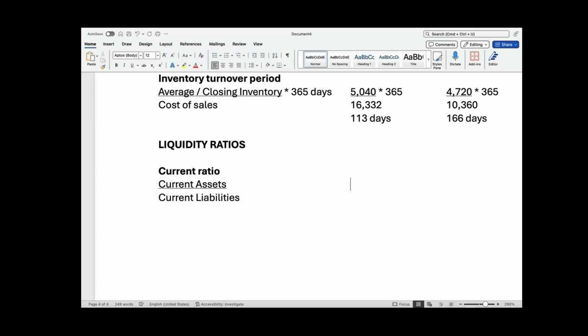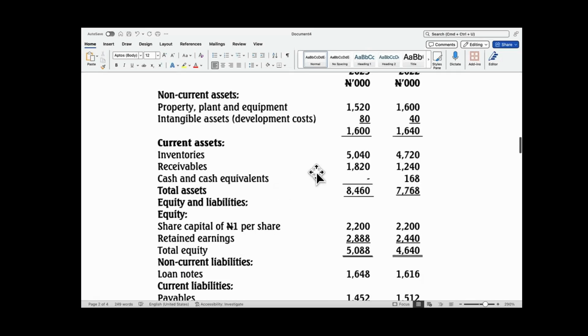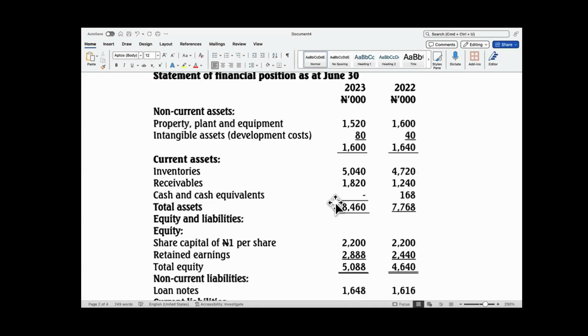So from this statement of financial position, what are our current assets? Can you add these two? 5040 plus 1820, 6860 for 2023.